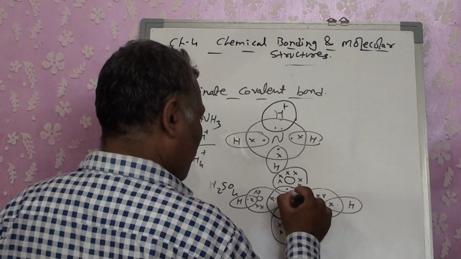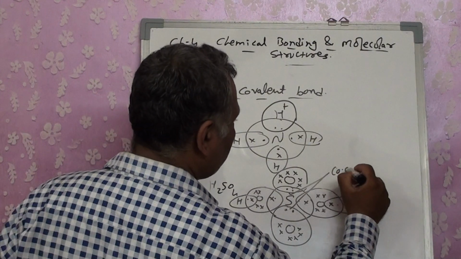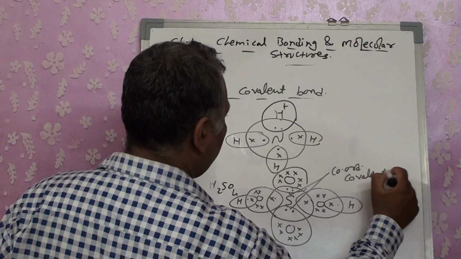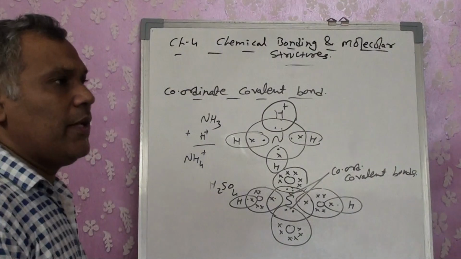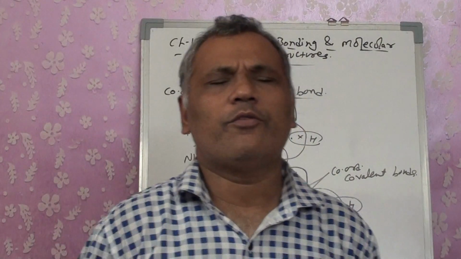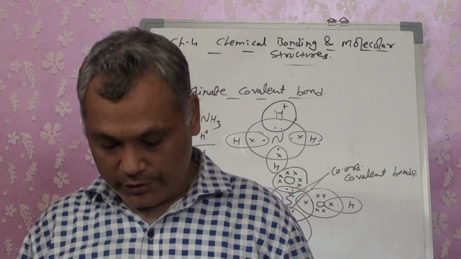So these are considered coordinate covalent bonds. Even in the example of HNO3 in the lecture, one oxygen was double bonded, one had a coordinate covalent bond.